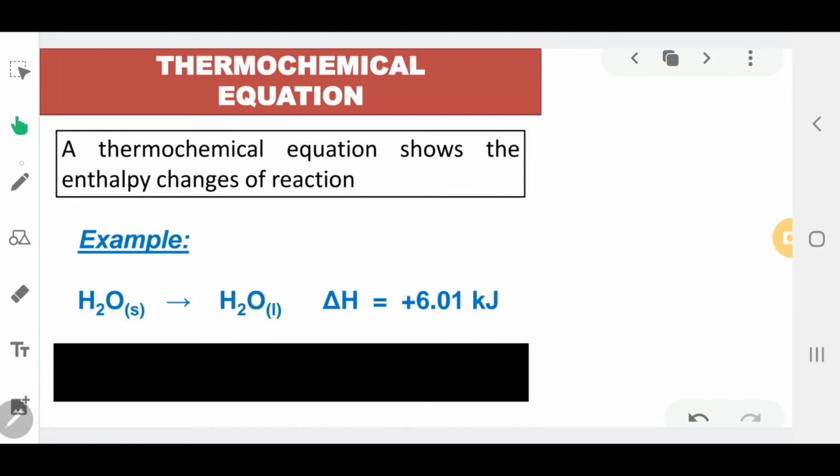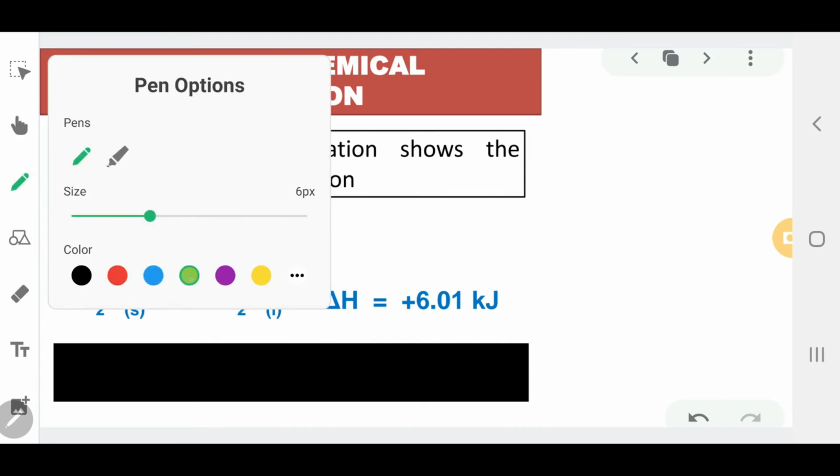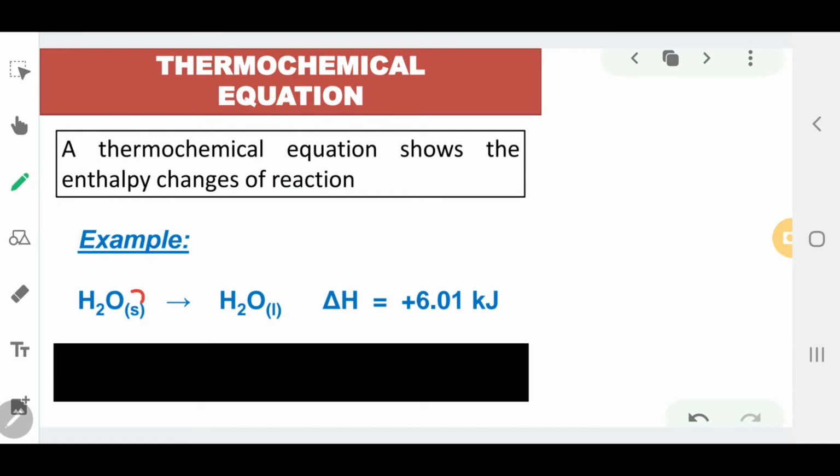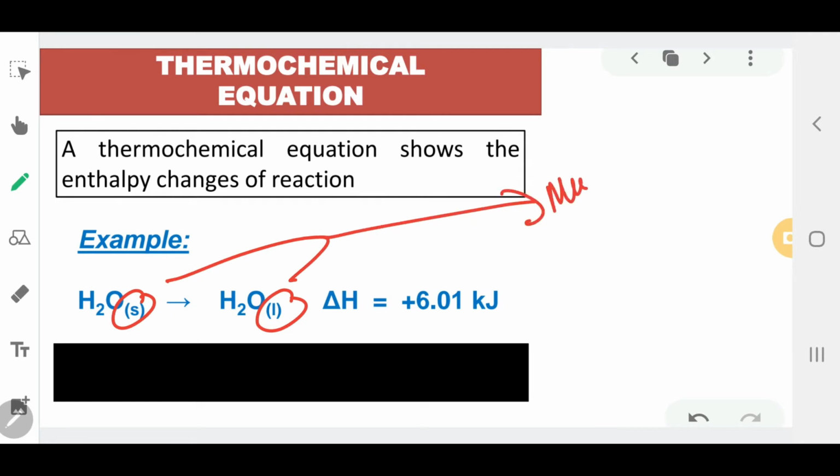The first thing you need to know is that for a thermochemical equation, you must have phases for all of the species involved in the reaction, both on the reactant side and product side. So you have to get the phases correctly. That is very important.